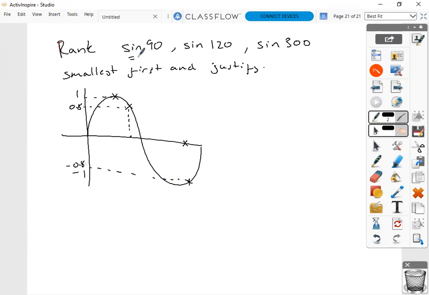So sine 90 equals 1, sine 120 would be 0.8, sine 300 would be negative 0.8. Smallest number first: sine 300, sine 120, sine 90. And there's my justification.